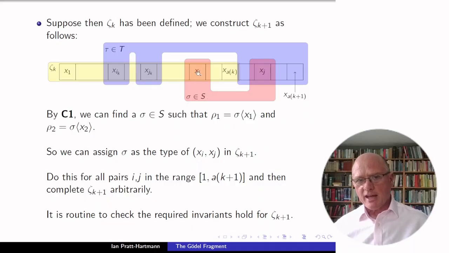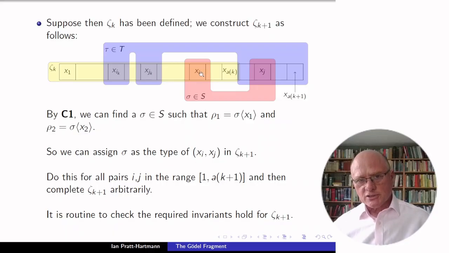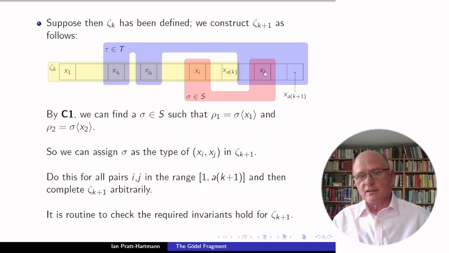Okay, so let's take any pair of variables, any pair of objects whose 2-type we haven't yet set. Just for definiteness, I'll assume that the first variable xi is one of the variables of zeta k, and the second variable xj is one of the new variables.